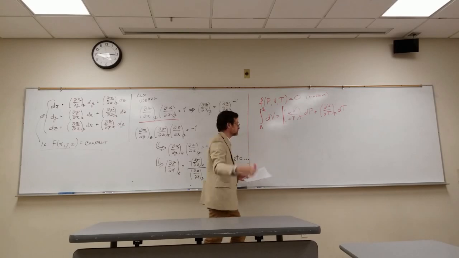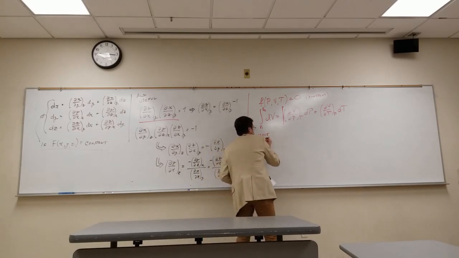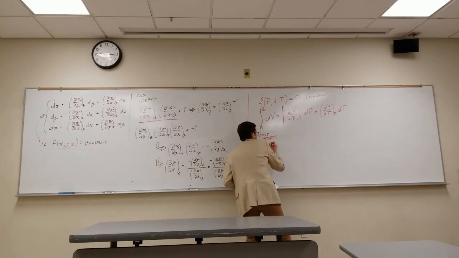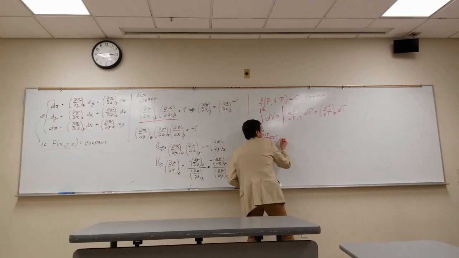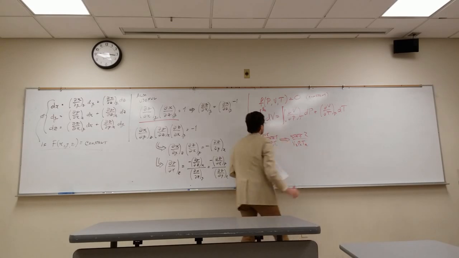So this is for a transition, say, from state 1 with V1, P1, T1 to state 2, V2, P2, T2.